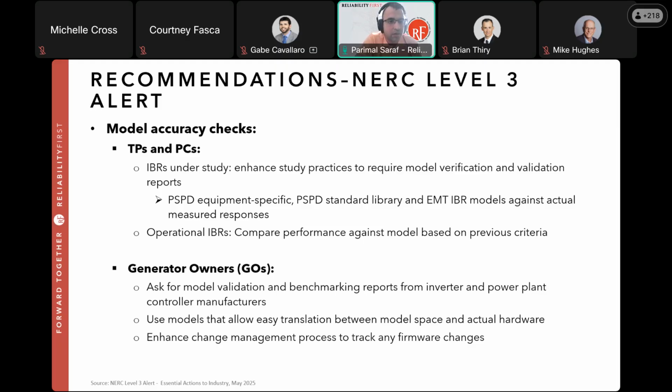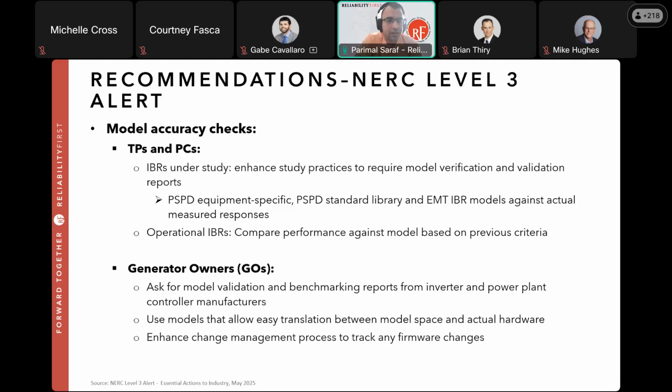So NERC recommended specific model verification and validation testing and reporting to be done from the TPs and PC side. What that would entail is to benchmark the positive sequence phasor domain models, which are PSSE models or PSLF models, and EMT IBR models against actual measured responses. So these models have to be benchmarked against actual responses for a number of different disturbance conditions.